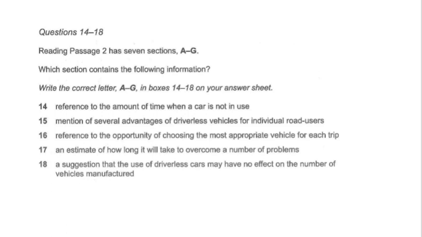And the next question talks about a reference to the opportunity of choosing the most appropriate vehicle for each trip. That means depending on the trip, the choice of vehicle would be decided. So the users of these driverless vehicles will have an opportunity to choose the vehicle for each trip. Very easy and straightforward.